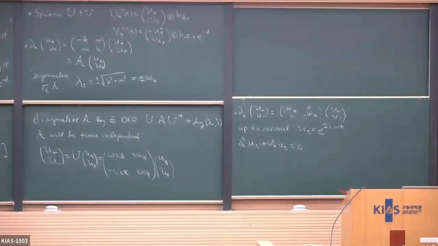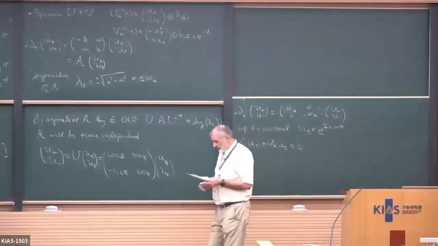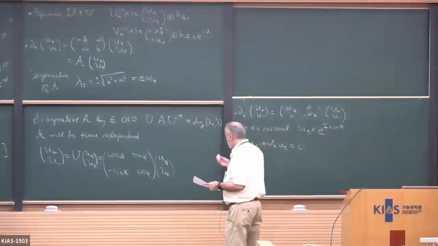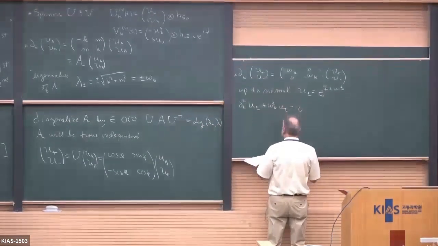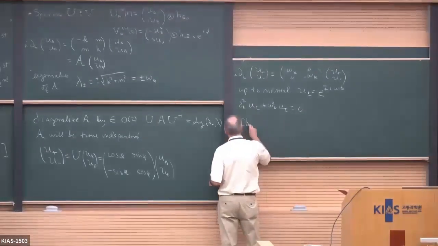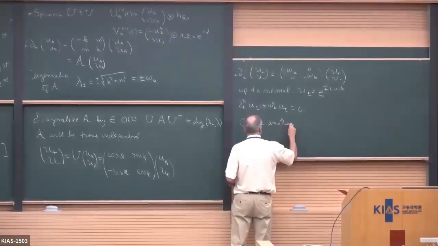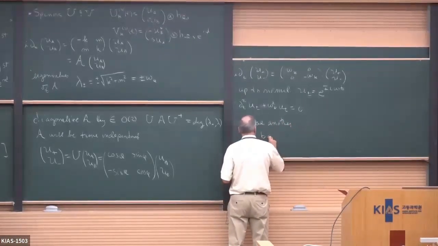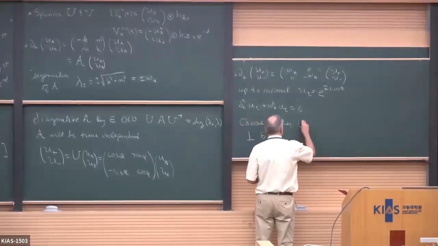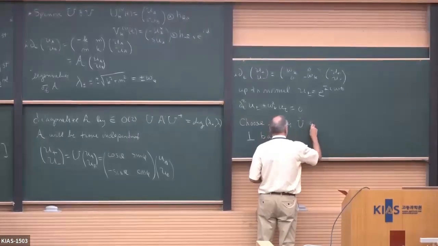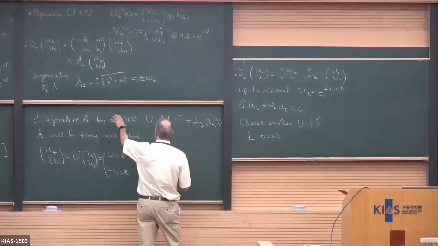All right, so we have chosen a basis, U and V. We can choose another orthonormal basis. Let's call it U tilde and V tilde. And we can relate this to the basis we've chosen.